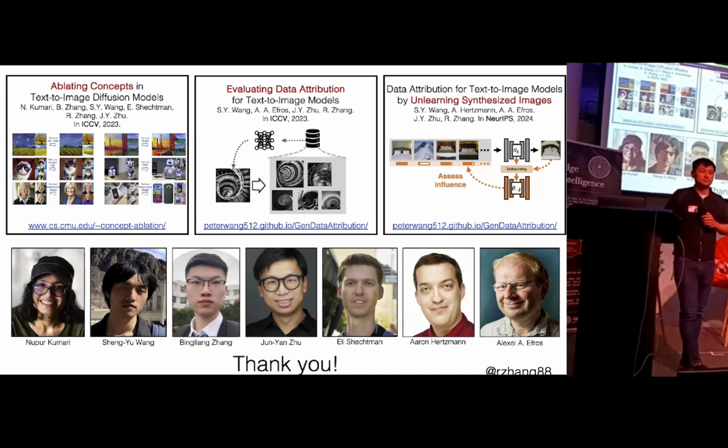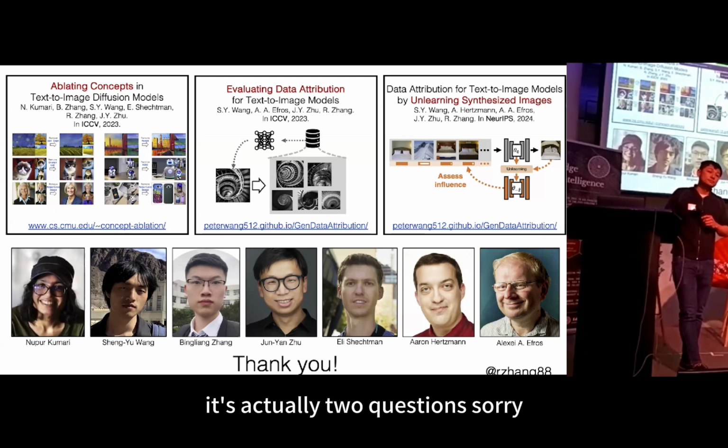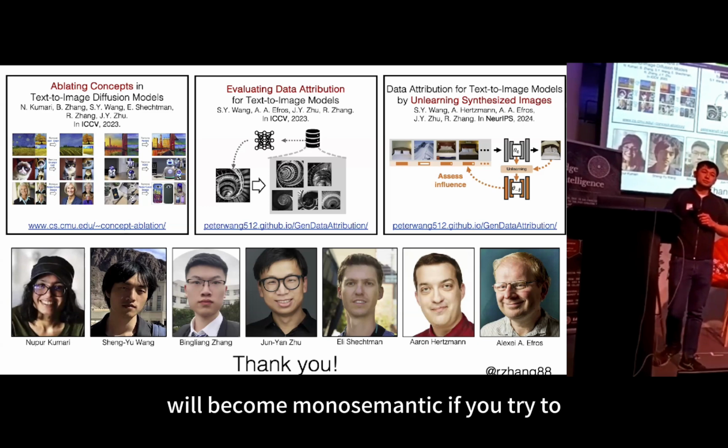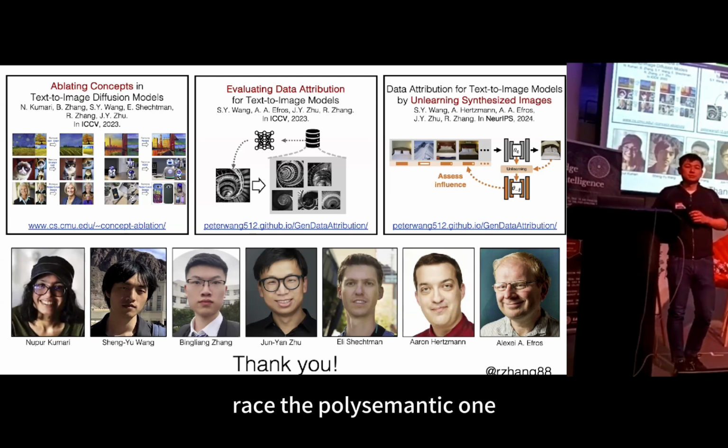Last question. It's actually two questions, sorry. So one, when you're erasing a concept, do you ever find that a polysemantic neuron will become monosemantic if you try to erase the polysemantic one?